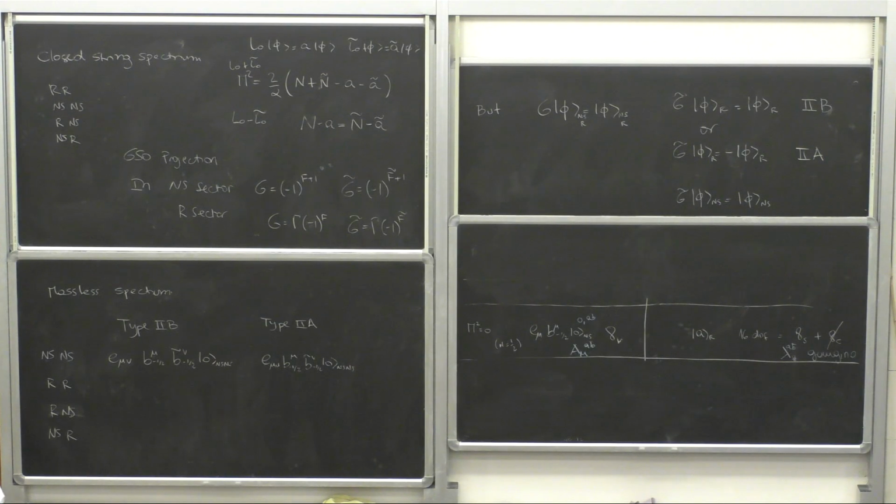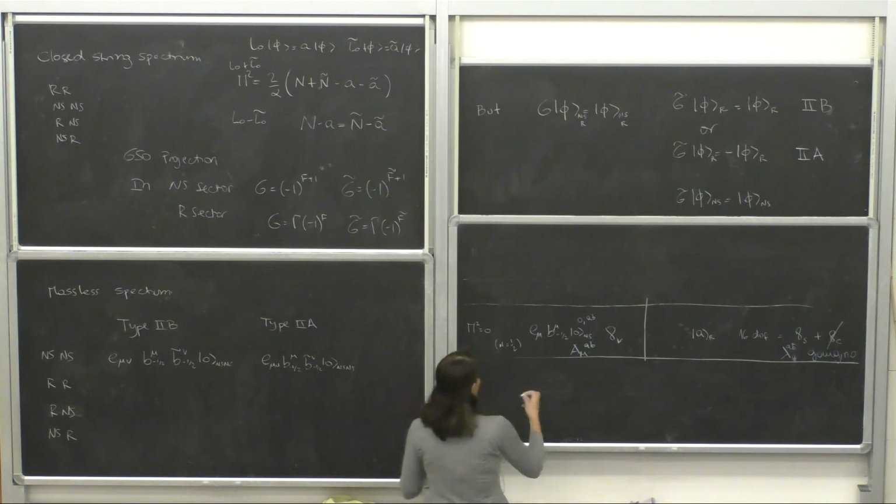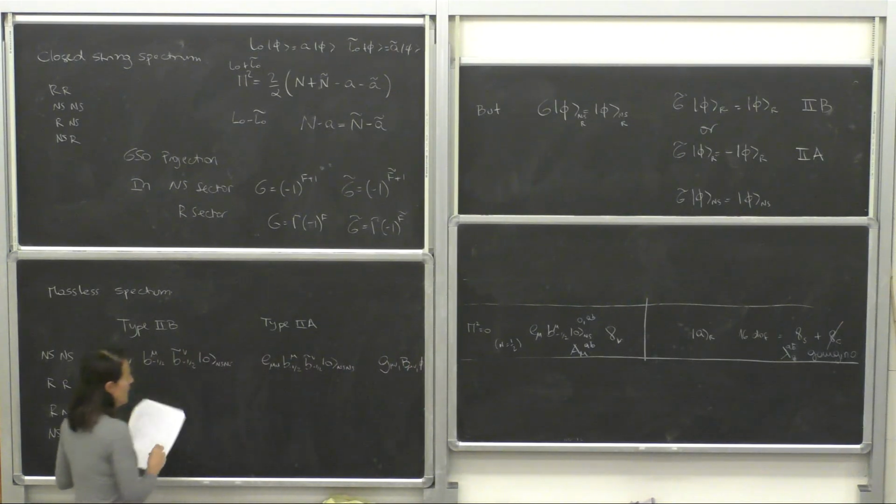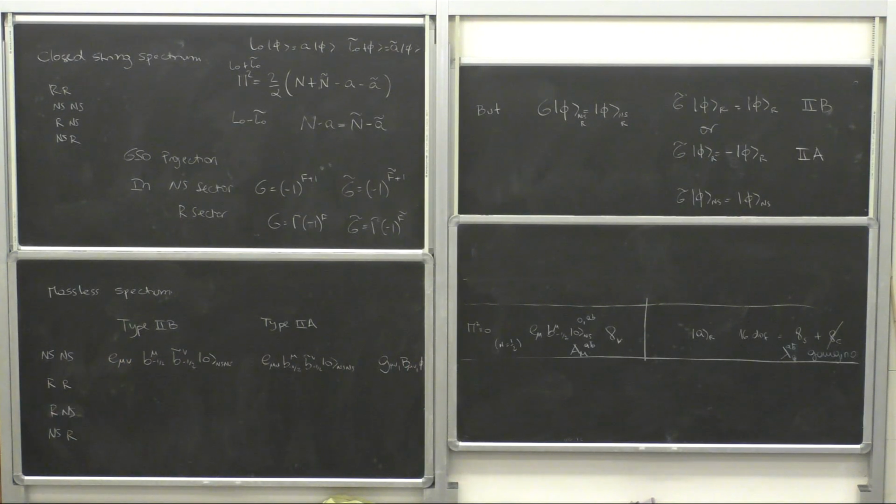This is the same as in the closed bosonic string. I'm going a bit quick, but you can repeat all we did for the bosonic string. From here you get the metric, the B field, and the dilaton: you take the symmetric, antisymmetric, and trace parts.